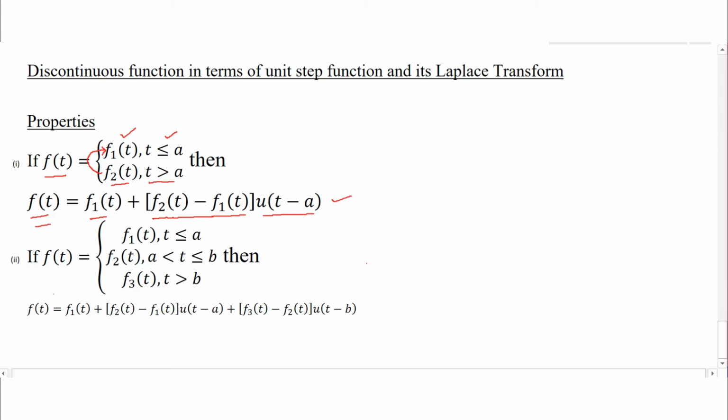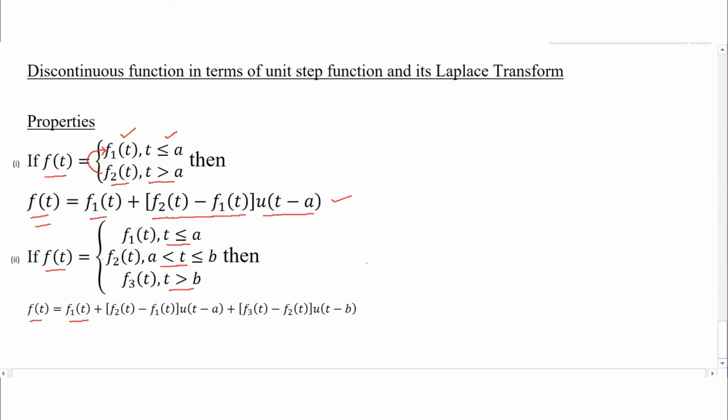Now let us move on to the second property. Suppose you have three functions: f1 of t where t is less than or equal to a, f2 of t where t lies between a and b, and f3 of t if t is greater than b. In that case, you can write f of t is equal to the first function f1 of t as it is.